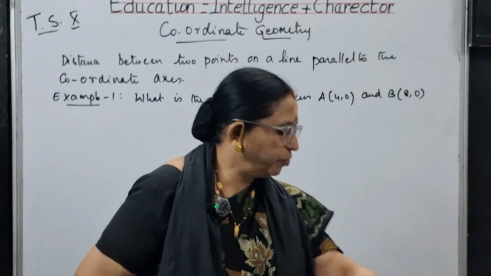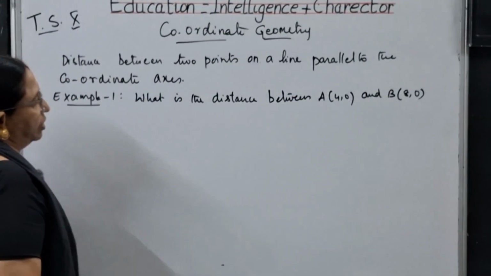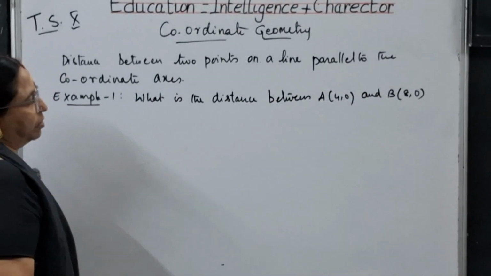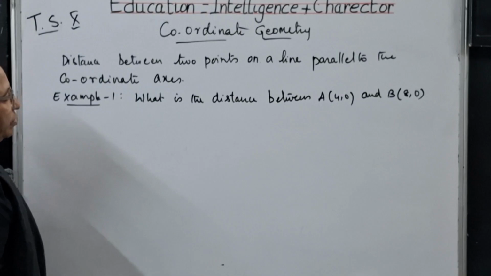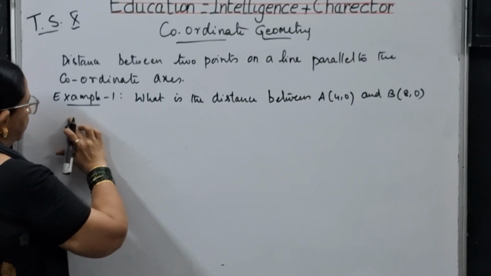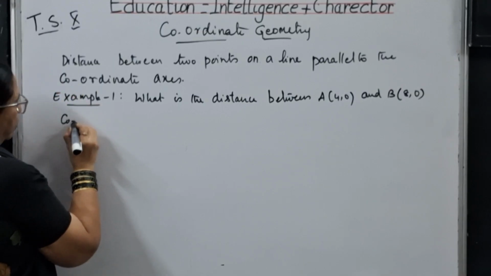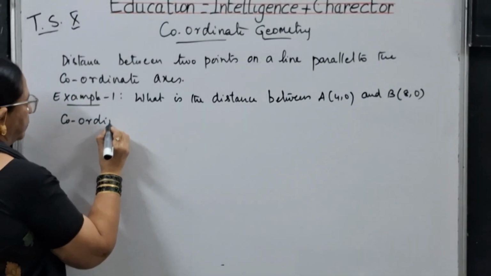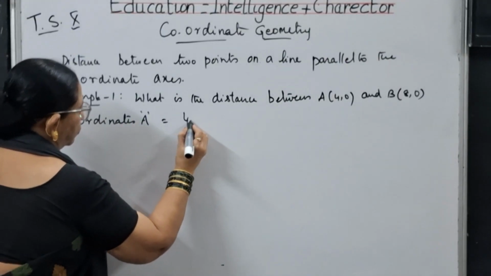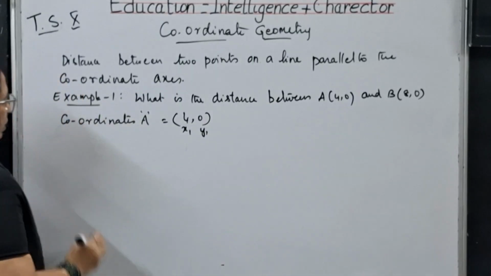Now we will do example 1, children. Example 1: what is the distance between point A (4, 0) and B (8, 0)? So we have to find the distance between A and B. Let us write the coordinates of A. Coordinates of A is equal to (4, 0); consider it as x1 and y1.